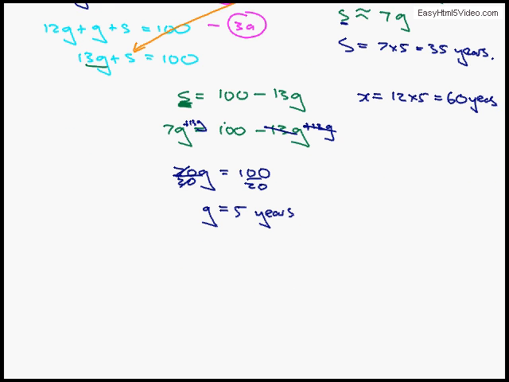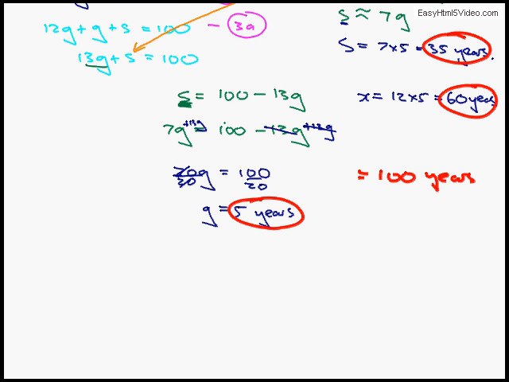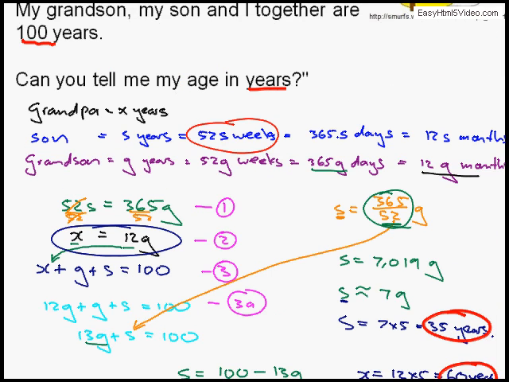So then, having the three ages, we can say grandpa plus his son plus his grandson is 60 plus 35 plus 5 is equal to 100 years. And there we have it, all three of them in their ages. Although the question only asked for the grandpa's age, we actually have all three of them as a way of testing the accuracy of our data.